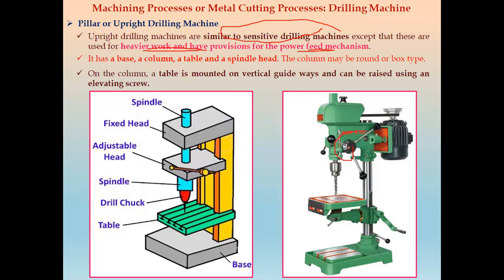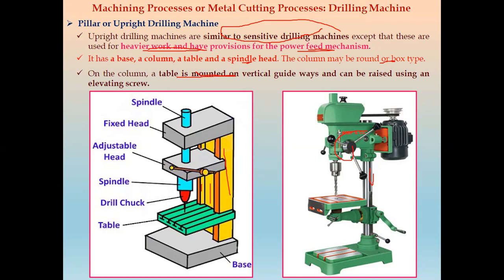So again, it has a base, column, table, and spindle head, and the column may be a round type or box type. So it may be a cylindrical type, or it may be a box type structure of the column. Now on the column, the table is mounted on vertical guide ways.